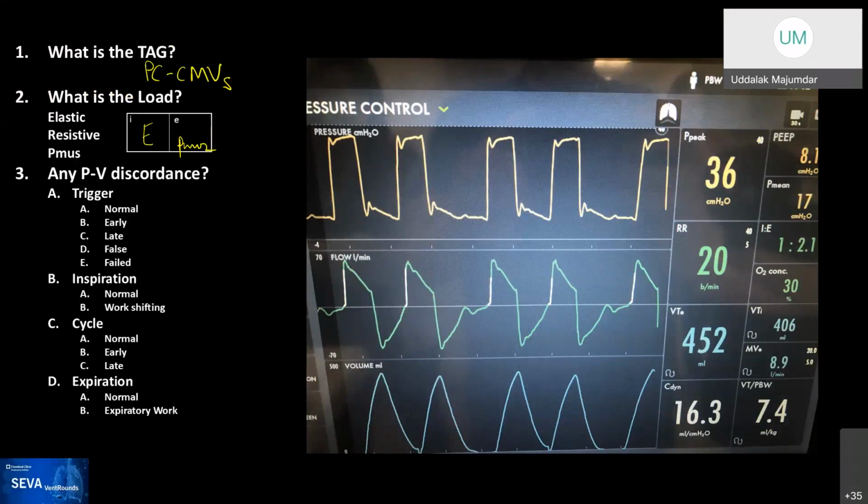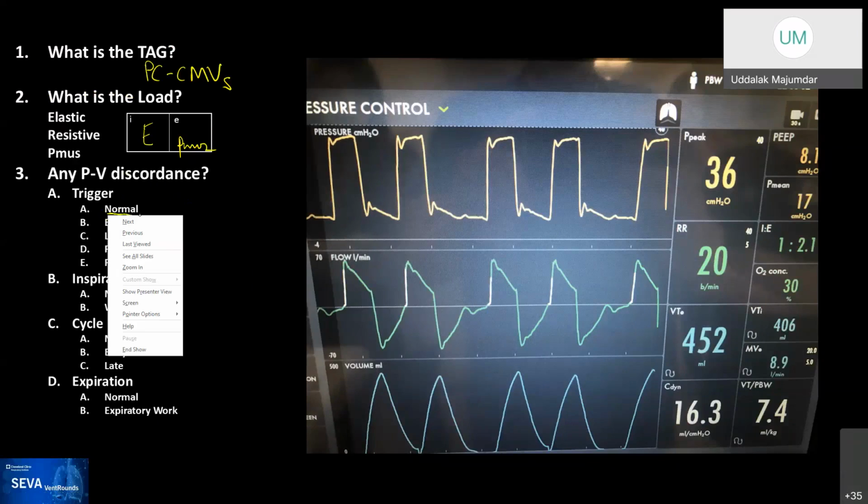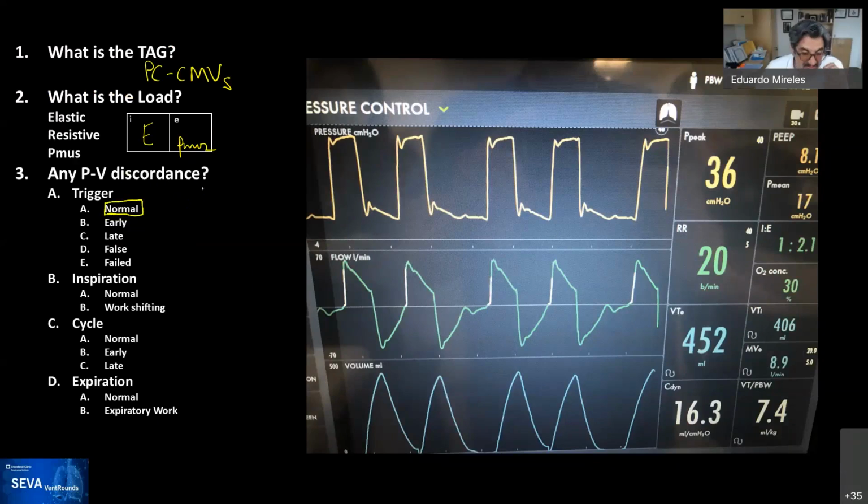Yeah, I think your trigger should seem to be normal. I don't see a delay or anything. I would say this is normal. Inspiration. So you said normal trigger? Yeah, I think so. Wait, make me rethink this.